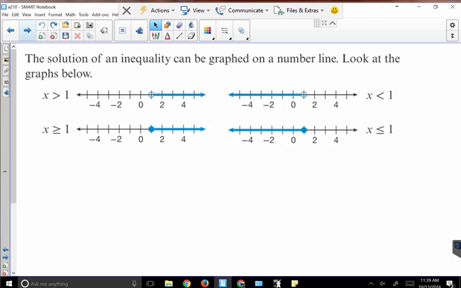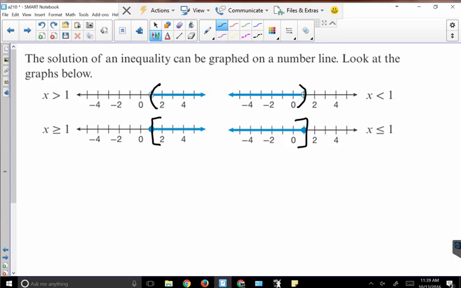They may or may not, but more often than not, you are going to see something that is listed like this. This would actually be done with a parenthesis facing that way. This would be done with a parenthesis facing this way. This would be a bracket facing this way. This would be a bracket facing that way.